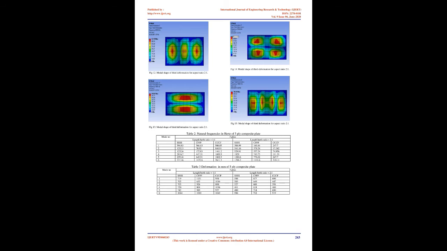Different plies and different supports are given to the composite model to analyze the vibration behavior of the plate. The best construction of the glass fiber reinforced polyester resin composite plate was found by comparing the results of the composite plate. Different length to breadth ratios are taken as another parameter in this project.